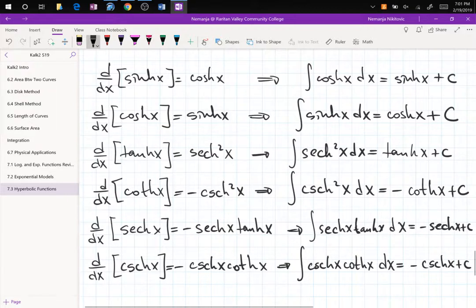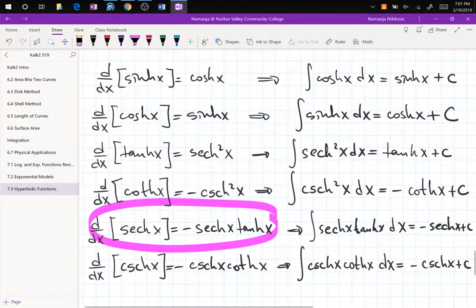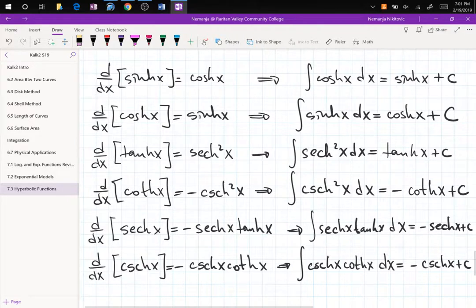Now the pairing is still the same. Sine hyperbolic with cosine hyperbolic, secant hyperbolic with tangent hyperbolic, and cosecant hyperbolic with cotangent hyperbolic. So the pairing is preserved, and you just have to be careful with the minus sign. The minus sign used to be here, and now is there. The rest of the minus signs work the same as they were before. So these two just swap the minus signs.